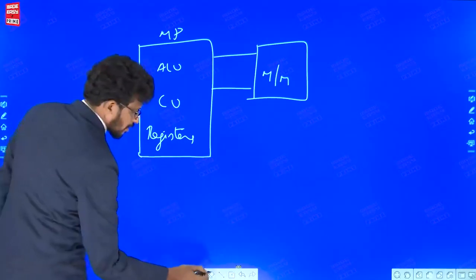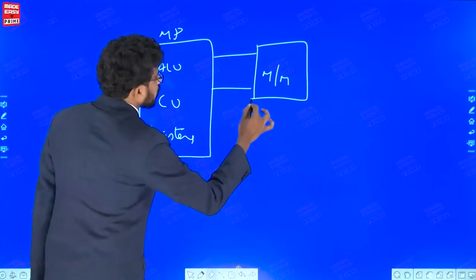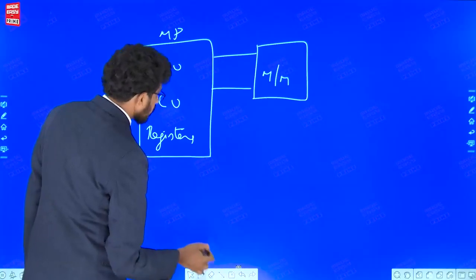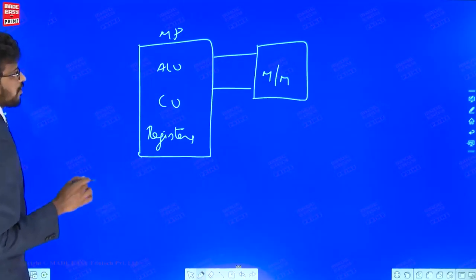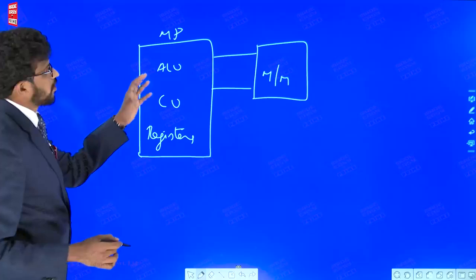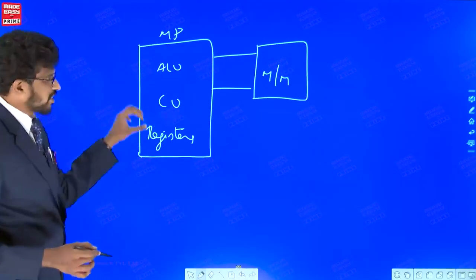Is it clear? Memory is outside the processor. Fine. And this processor is common, we are discussing what the architecture is and all.